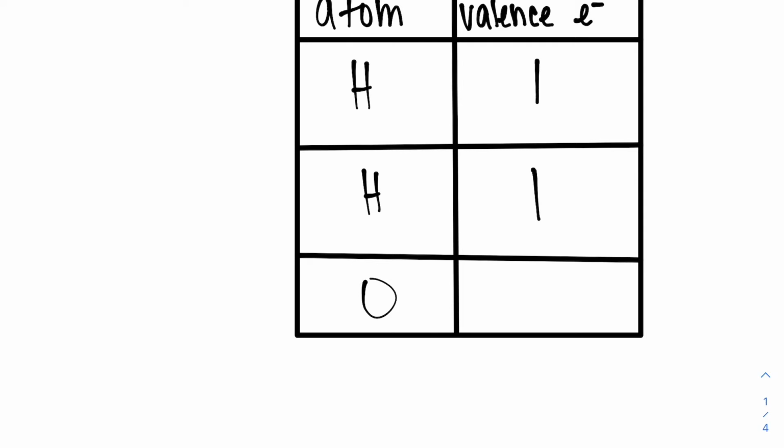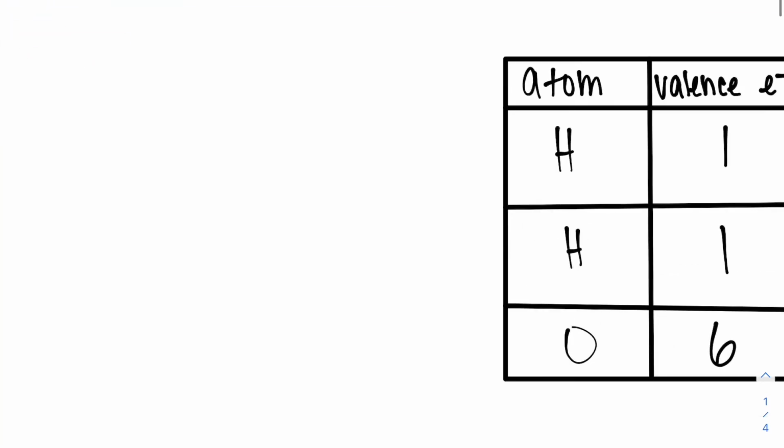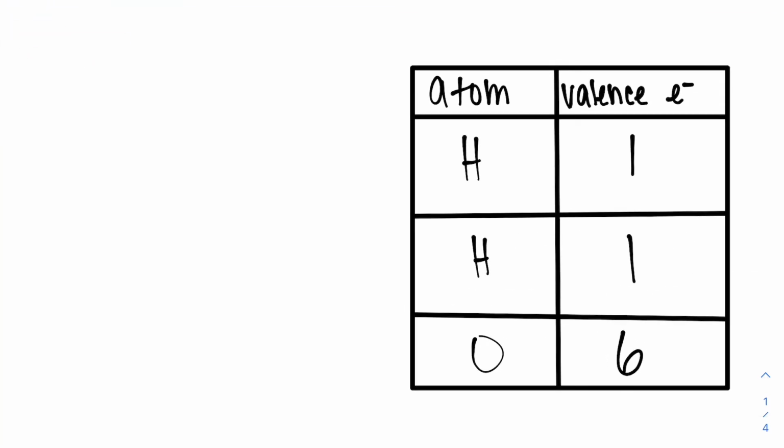Oxygen, on the other hand, has 6 valence electrons. Again, you find that just by looking at your periodic table. So we're first going to draw the Lewis dot structure for each one of these atoms. Hydrogen has 1 electron that comes with it. Another hydrogen, once again, has 1 electron.